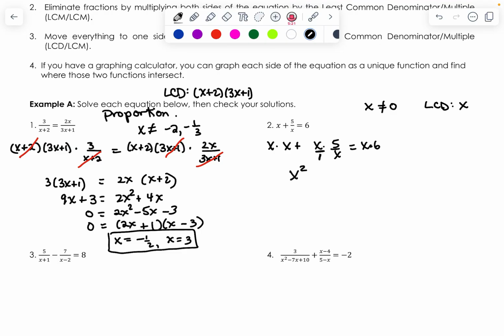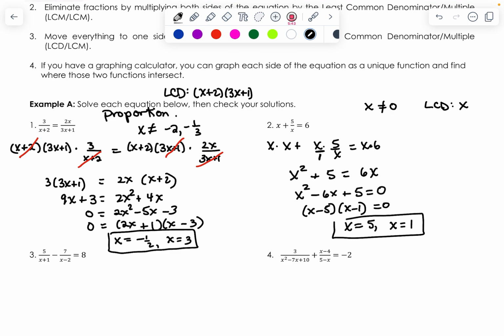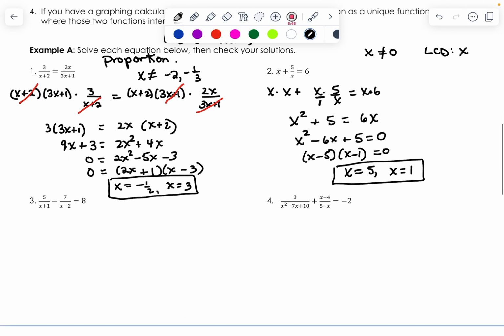So that's x squared plus 5 equals 6x. Well, it's a good thing in Algebra 2 you really learned how to factor. So I'm going to factor. I get x is 5 or x is 1. Go double check your restrictions, and that's okay.